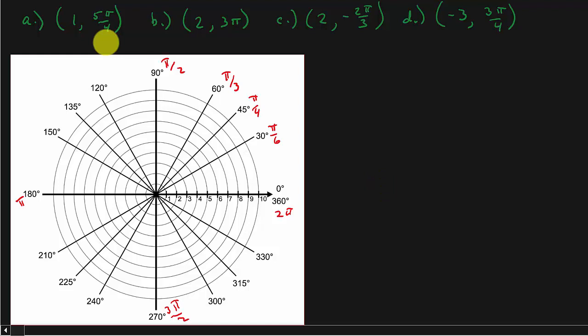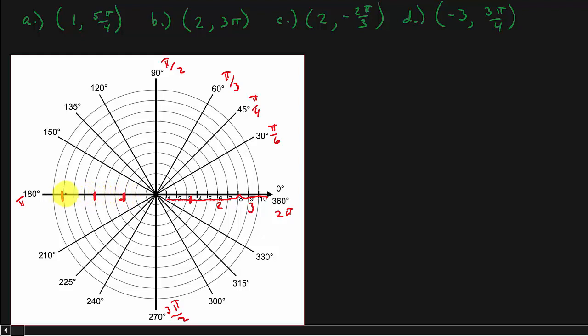I want to cross out these numbers here, and let's label this one 1, this one 2, and this one 3.